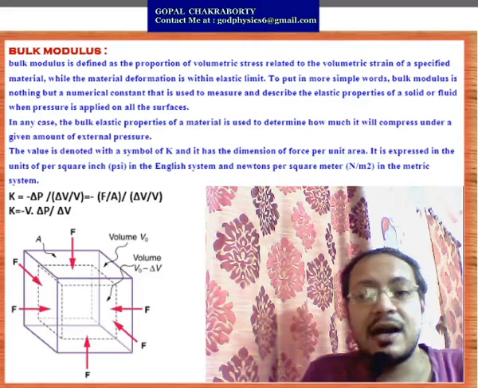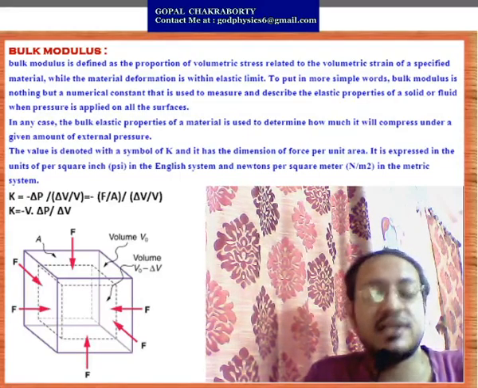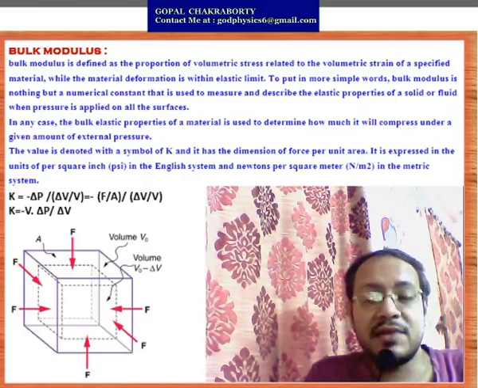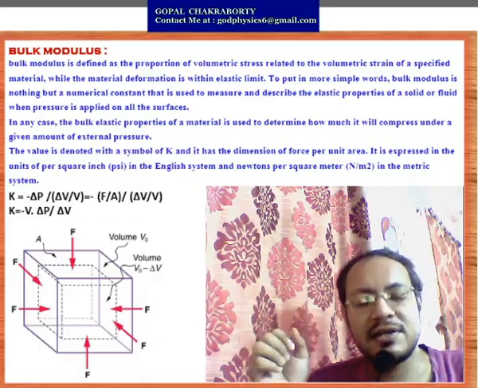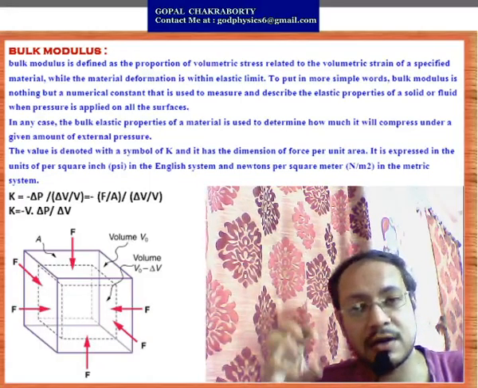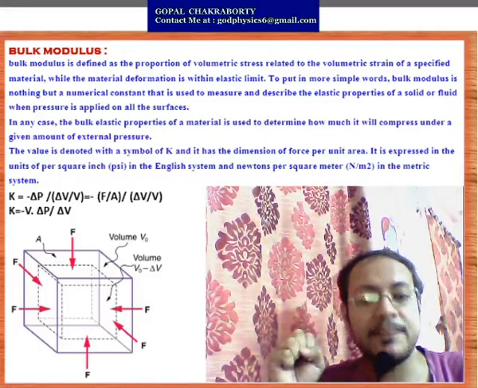That means for a solid, if you apply a deforming force three-dimensionally from all directions, the volume must change. It may increase if you stretch it, and it will decrease if you apply the force in the opposite direction, if you try to squeeze it.